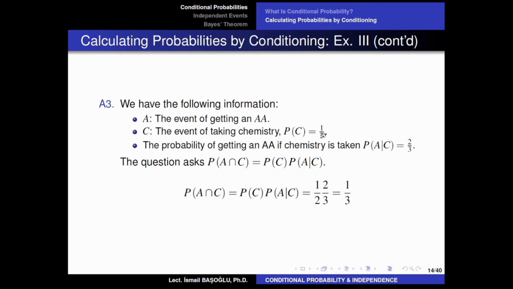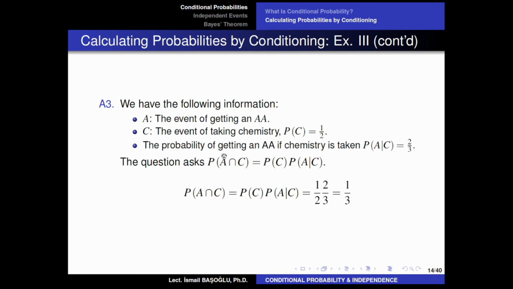That is 1/2. And if she selects the chemistry course, if event C occurs, the probability that she assumes for getting an A is 2/3. So the probability of getting an AA if she selects chemistry is 2/3. Now the question is asking: what is the probability of getting an AA from chemistry?